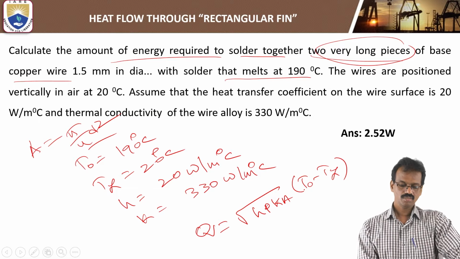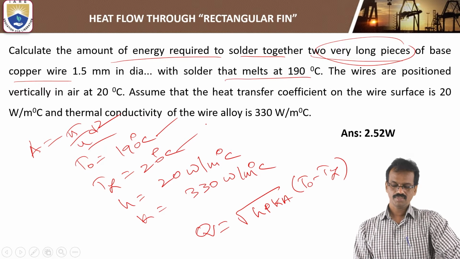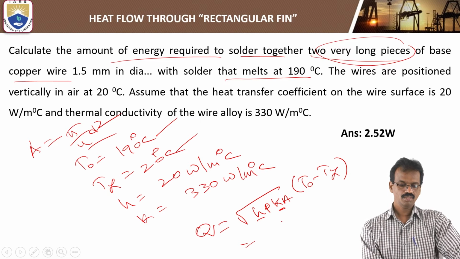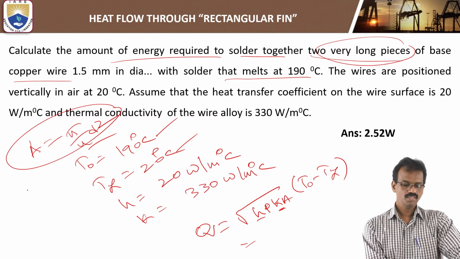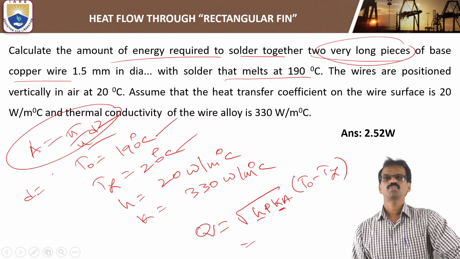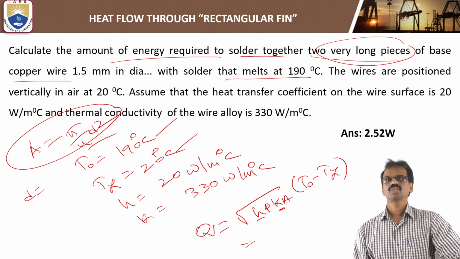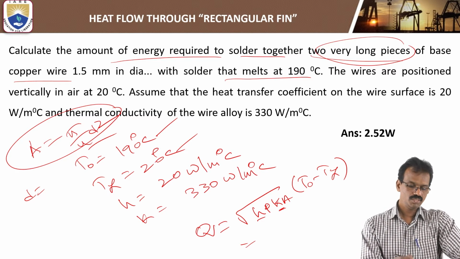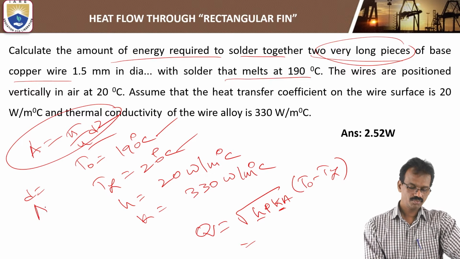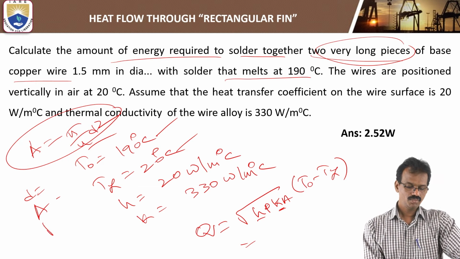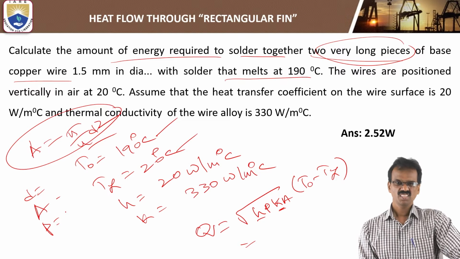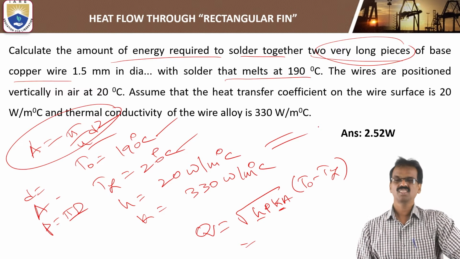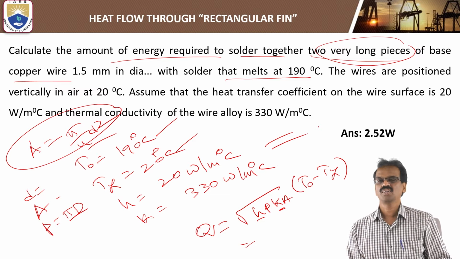T naught is given, T infinity is given, H is given, K is given. The area you can find out because the diameter is given as 1.5 mm; you can convert it into meters. Using this D, you can find the area, and the perimeter P. You know the formula of perimeter, that is pi d, because it is a circular rod.